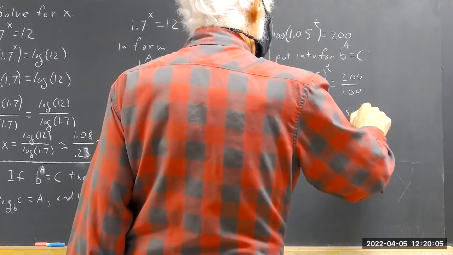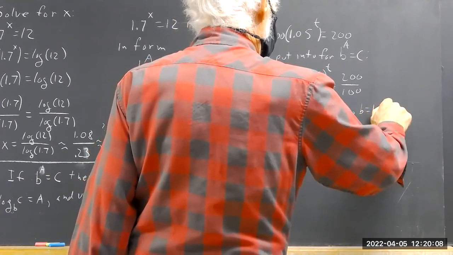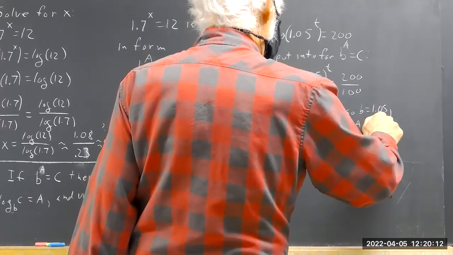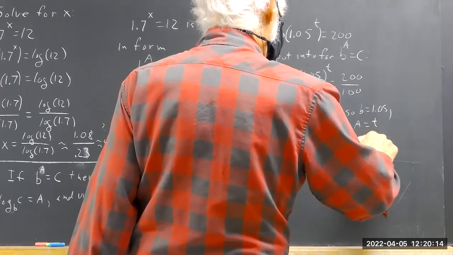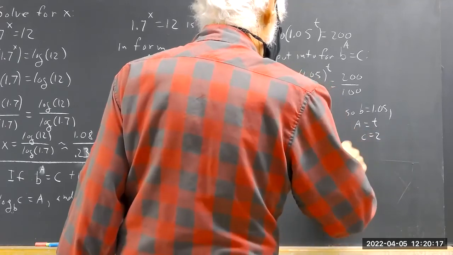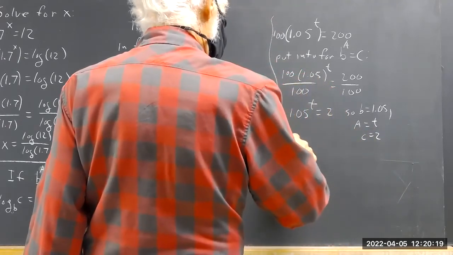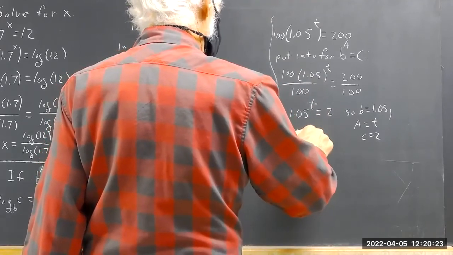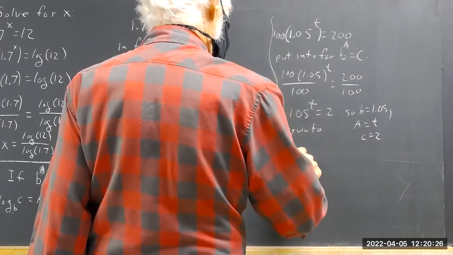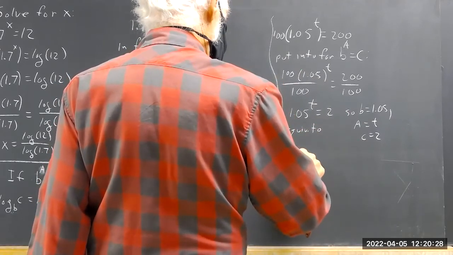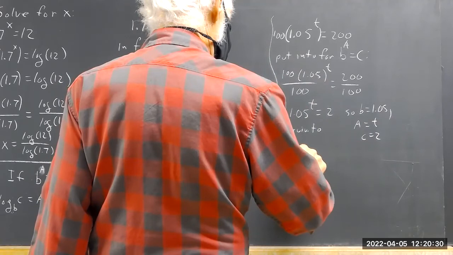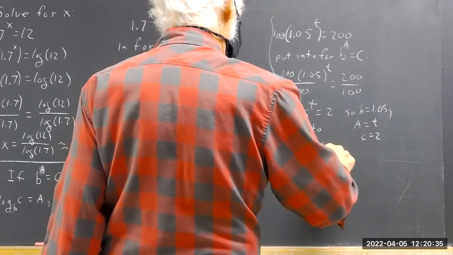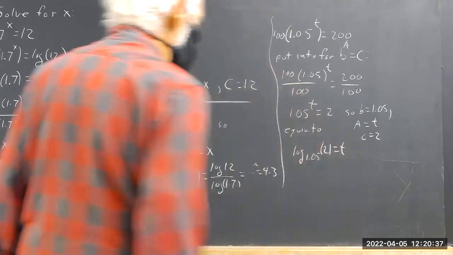So b equals 1.05, a equals t, and c equals 2. So this is equivalent to log base 1.05 of 2 equals t.